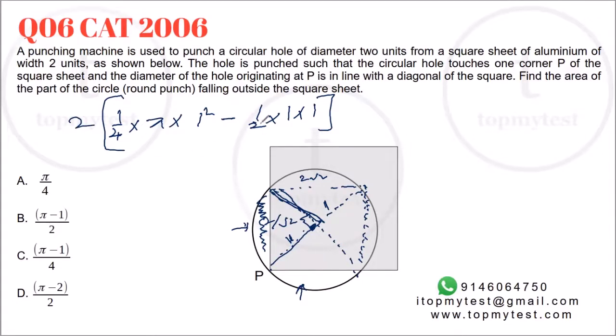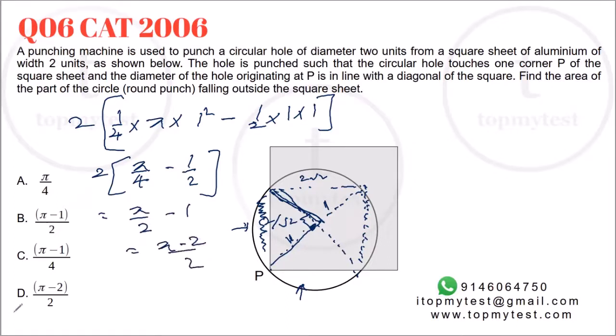So let's check this. What does this give us? This gives us twice of pi by 4 minus half. So this gives you pi by 2 minus 1, which is pi minus 2 by 2. Option D will be your correct choice.